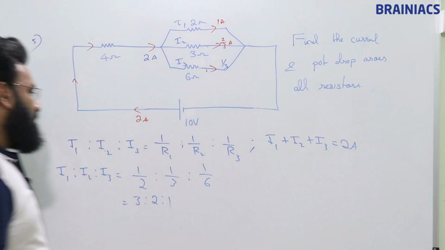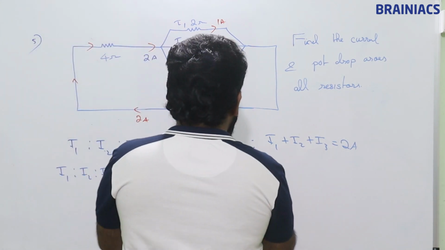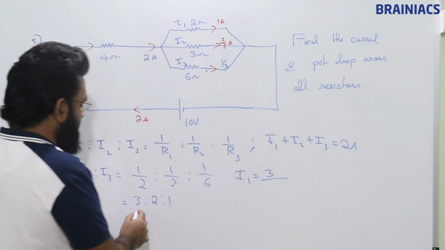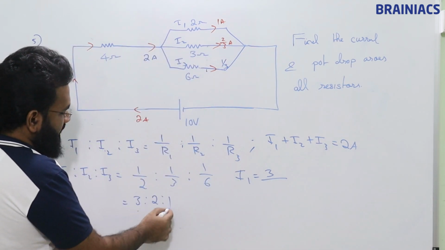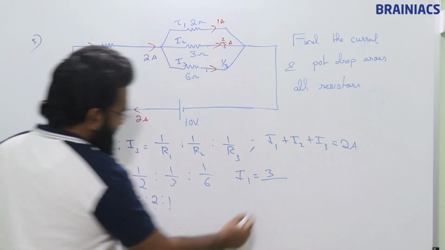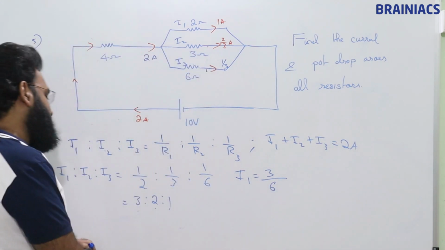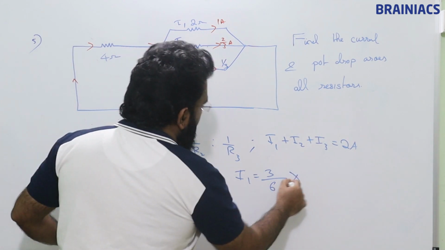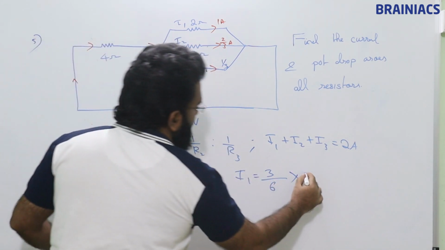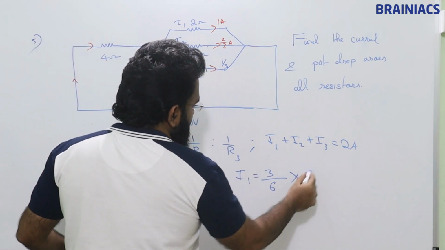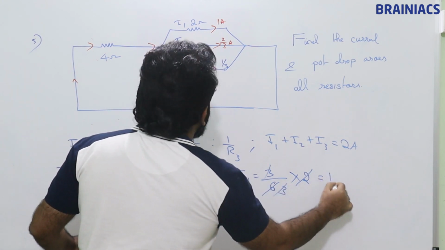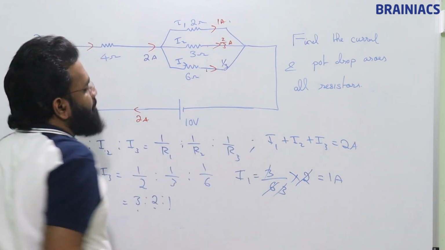Now we can find I1 is equal to 3 divided by total, 3 plus 2 plus 1, so this is 6, 3 by 6 into the total current, 2 ampere. So we will be getting 1 ampere, correct?